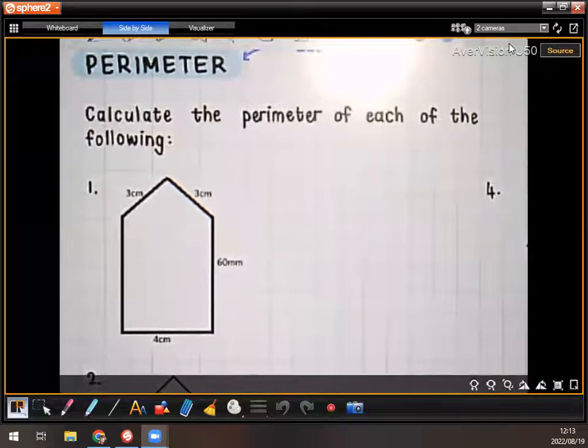So we are going to practice that now in number 1. And then if you can please draw that picture, it doesn't have to be perfect, all right? Basically a triangle on top of a rectangle.